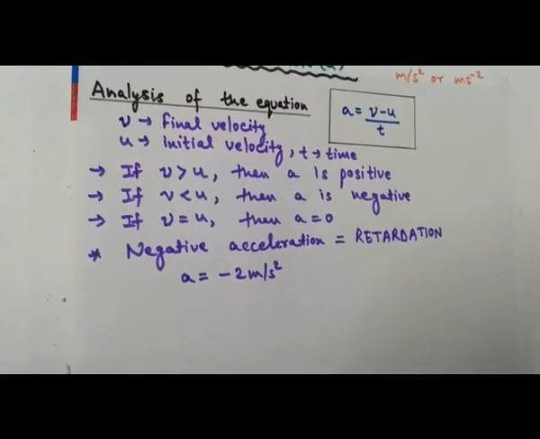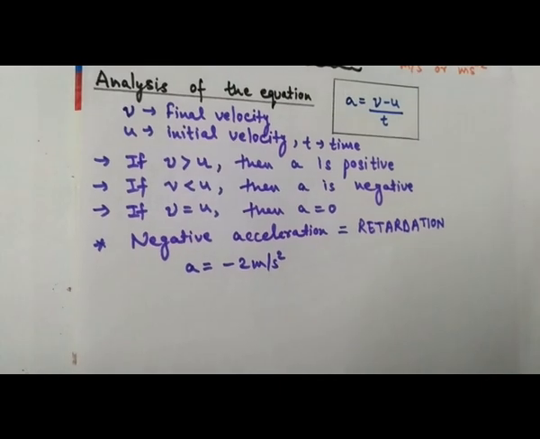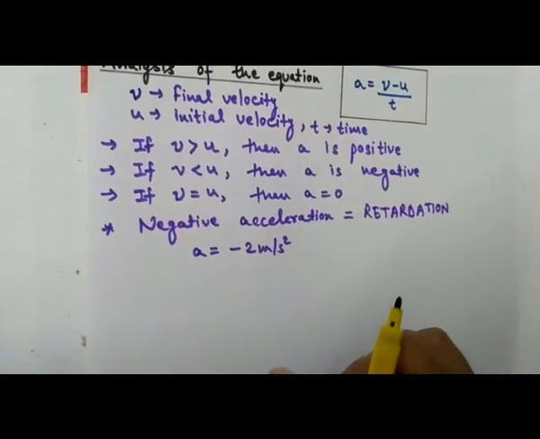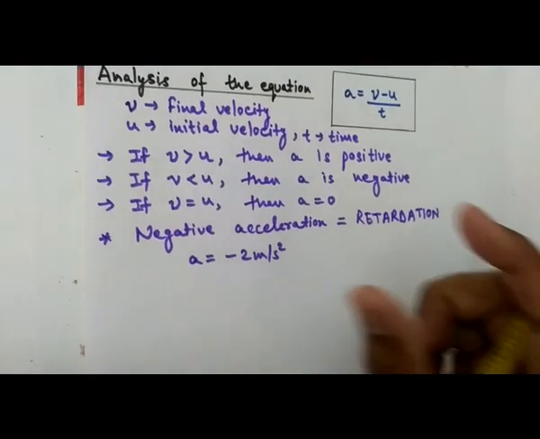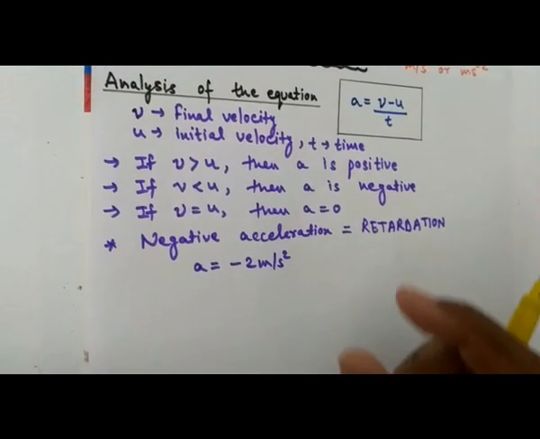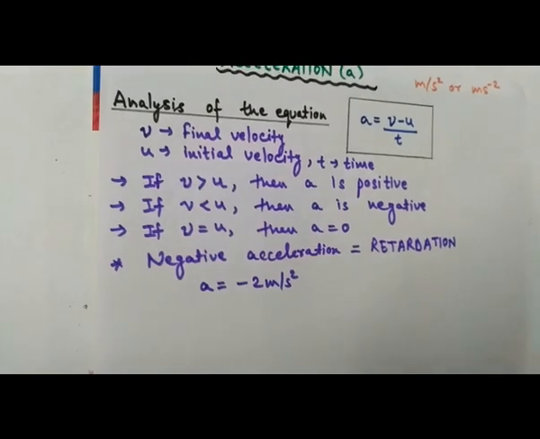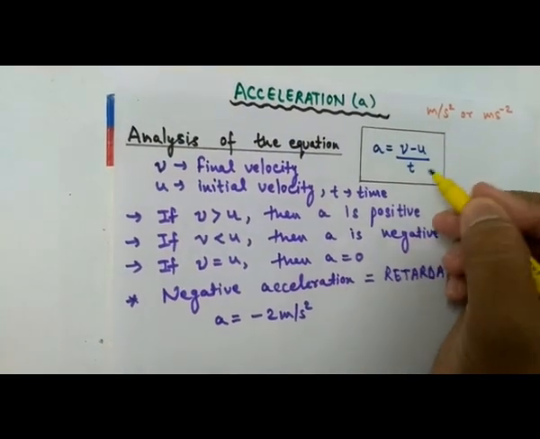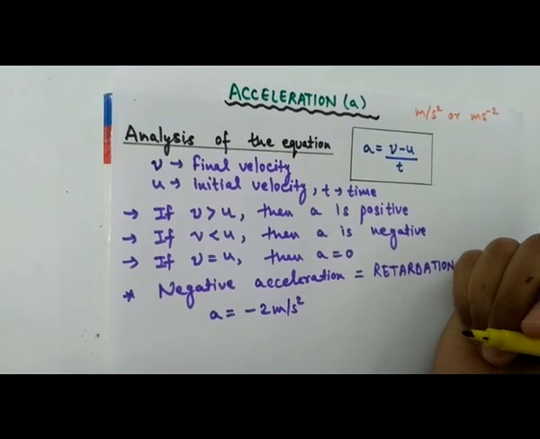Now students, we have learned about uniform motion and non-uniform motion. In uniform motion, we have learned that the velocity remains fixed. There is no change in the velocity, but acceleration is the change in velocity per unit time, right?